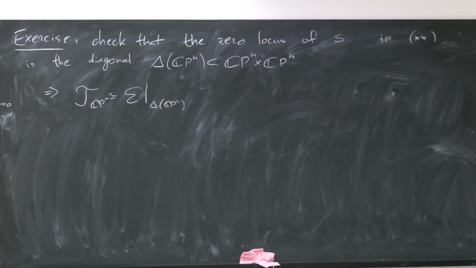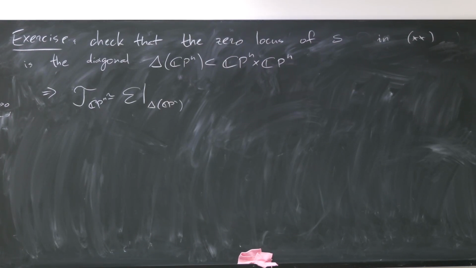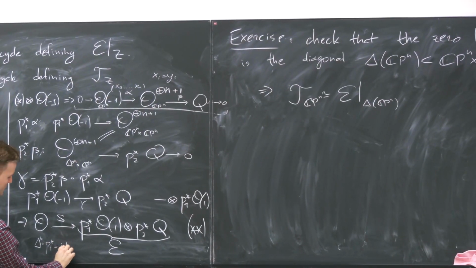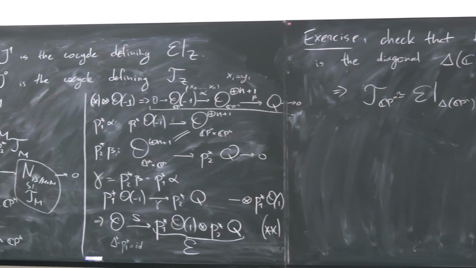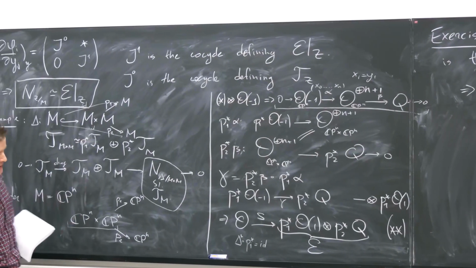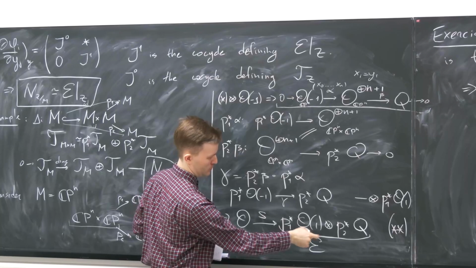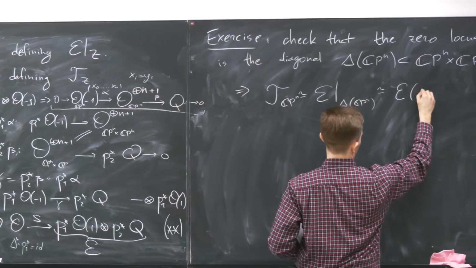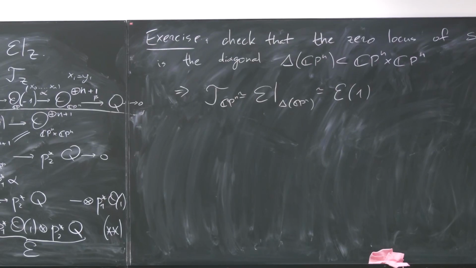Again, the composition of the pullback via the diagonal and the pullback via pi is the identity, because of this commutative diagram. So here I should get just the tensor product of O(1) and Q. So this is isomorphic to E twisted by 1. Oh, sorry, Q twisted by 1.